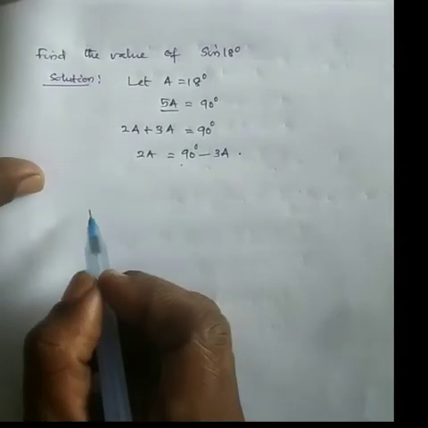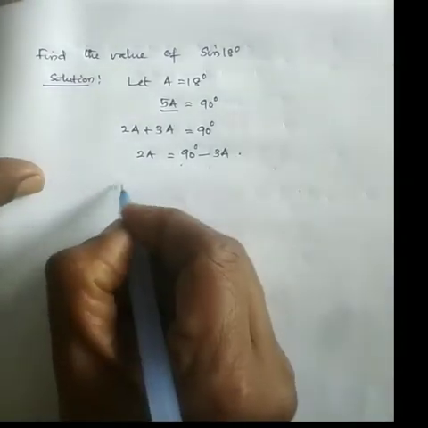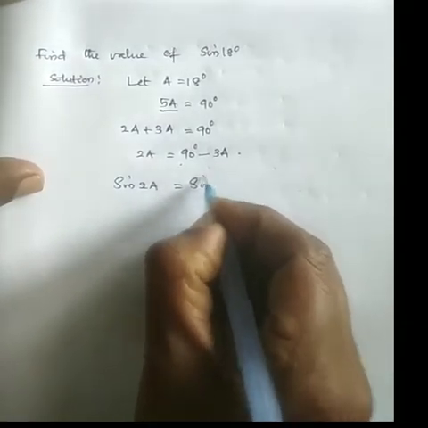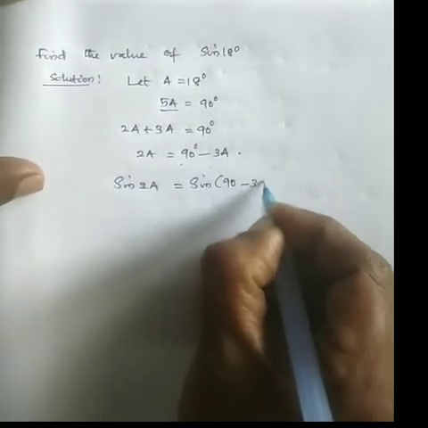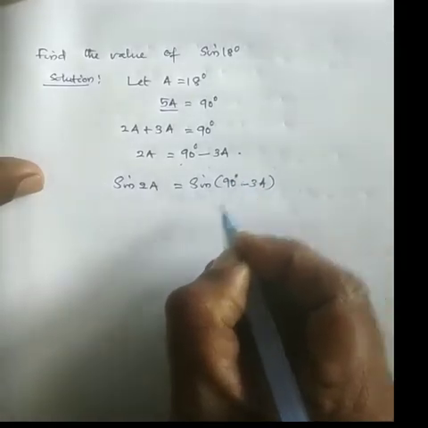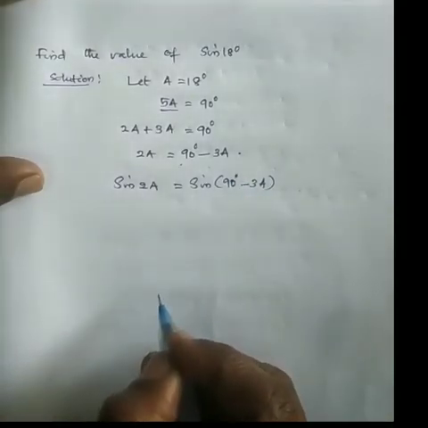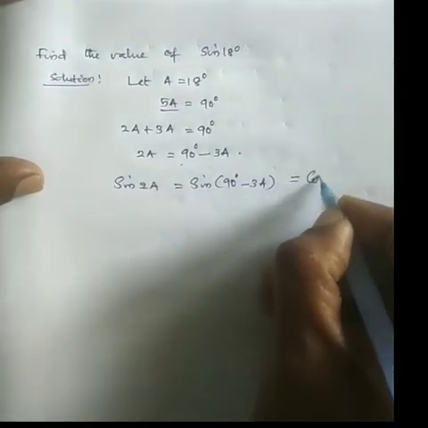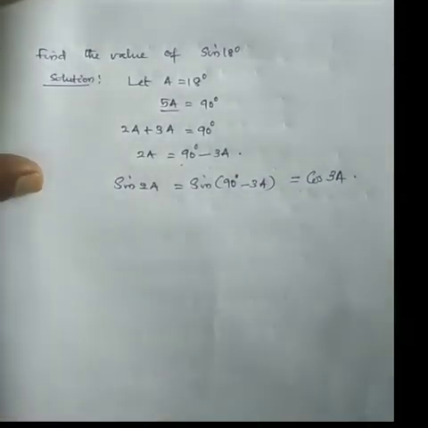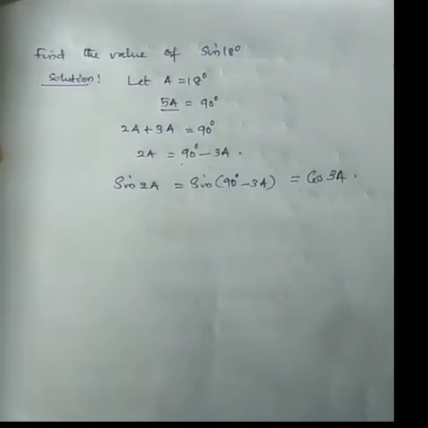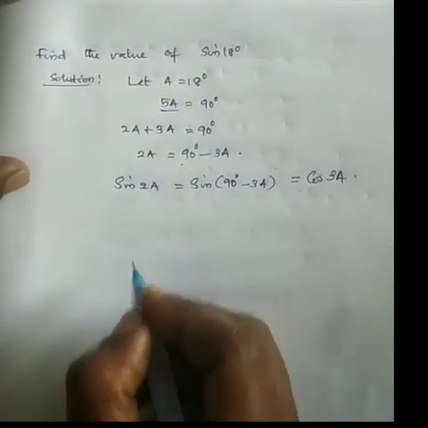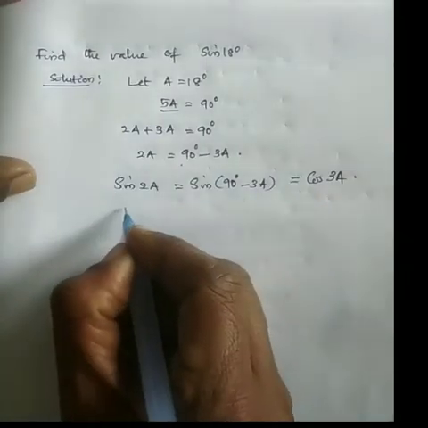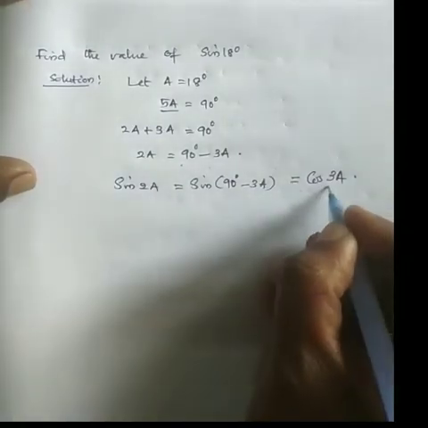Then take sine on both sides. So sin 2A equals sin(90 minus 3A), which is cos 3A. That is, sin 2A equals cos 3A.